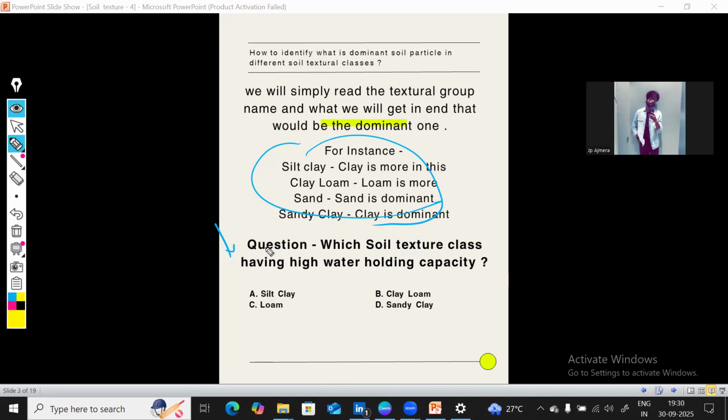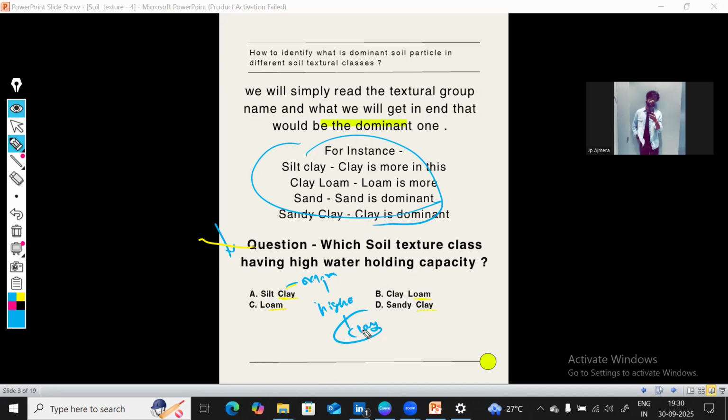We already know that the soil particle that comes in the end is the dominant one. So the maximum properties would come from that dominant soil particle. We know that the soil particle that carries the highest water holding capacity is the clay. Simple as that.